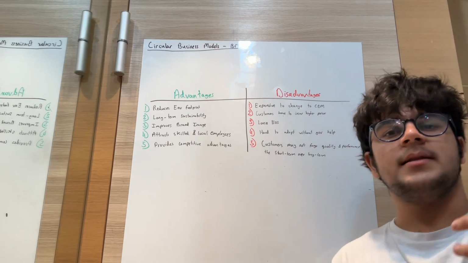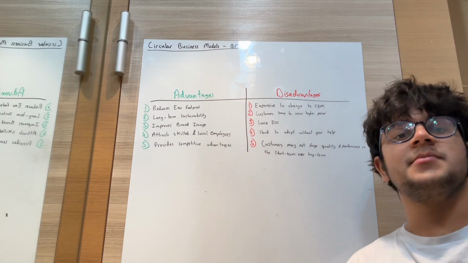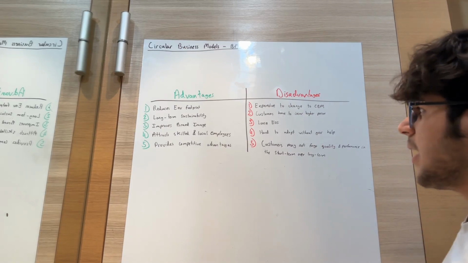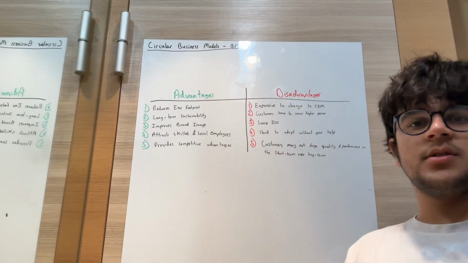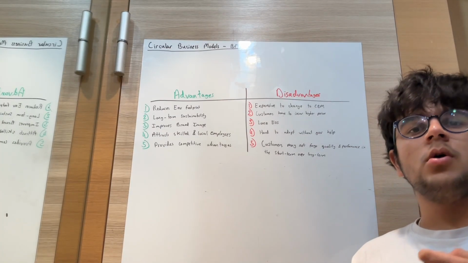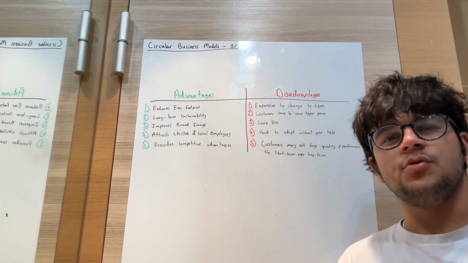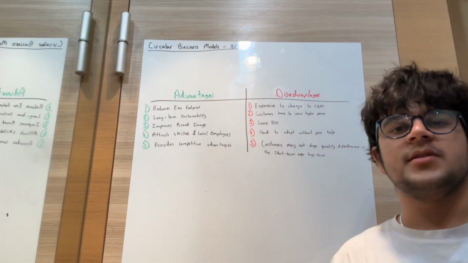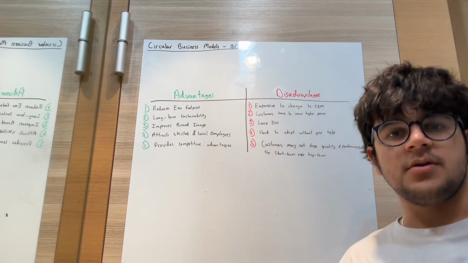As we were saying in these circular supply models, resource recovery models, and product life extension models, you are able to keep your resources a lot longer, so that when our finite resources become scarce, you have something very sustainable to rely on rather than everyone else.